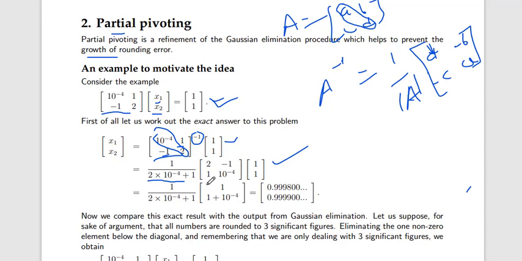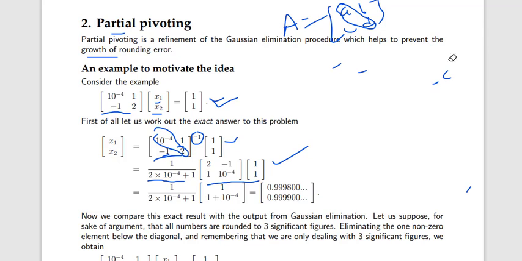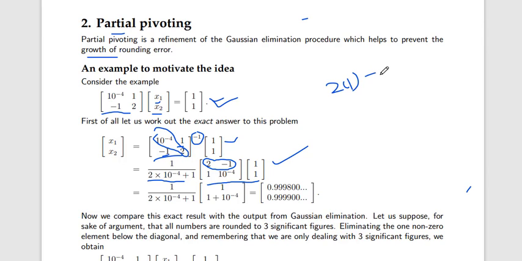So now we multiply these two matrices. How do we multiply them? First row and first column, so 2 into 1 minus 1 into 1. So this will become 1.